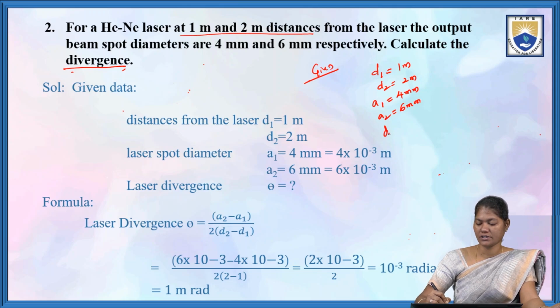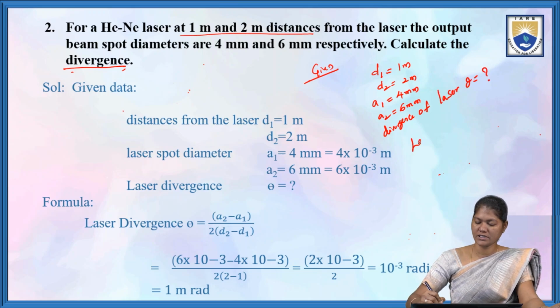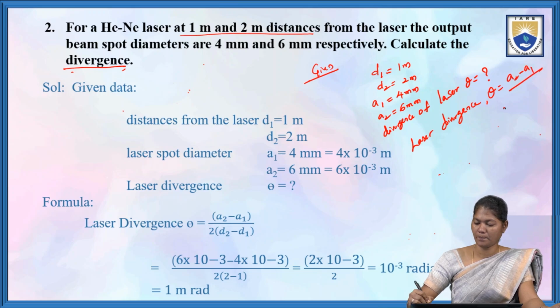We need to calculate the divergence of the laser, theta. So theta is equal to A2 minus A1 by 2 into D2 minus D1.